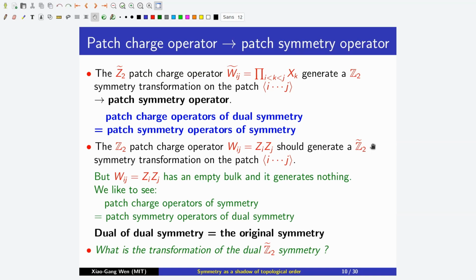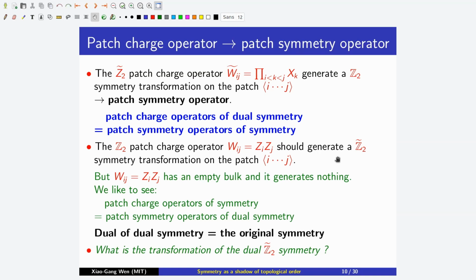Actually, this can be turned around, because the bulk is empty. If you insist this operator with empty bulk is a symmetry transformation of a dual symmetry, then any operator in the Ising model is symmetric, because they all commute with an empty bulk. So in some sense, this may be a good thing: any local operator in the Ising model cannot break this Z2 dual symmetry.